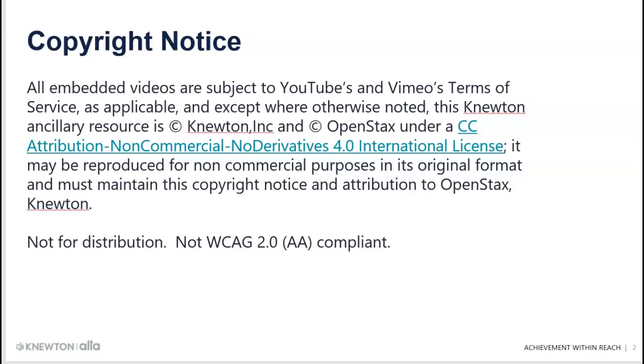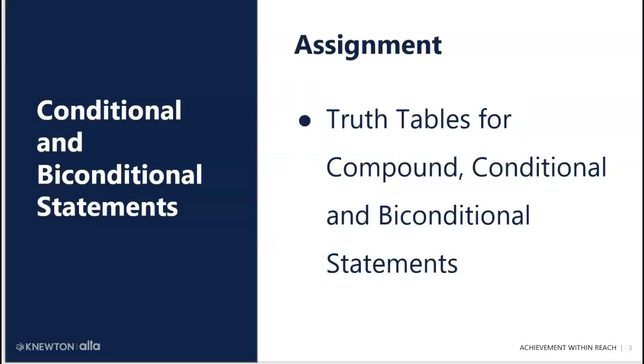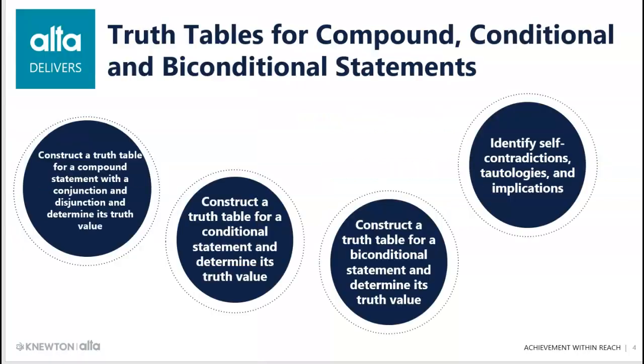So the notes I have here are taken from your text, and that's the copyright there. So again, truth tables for compound, conditional, biconditional. We've already talked about disjunctions, conjunctions, and negations, and we haven't talked about a simple conditional statement except in class.